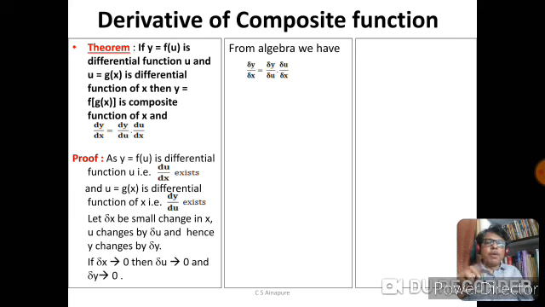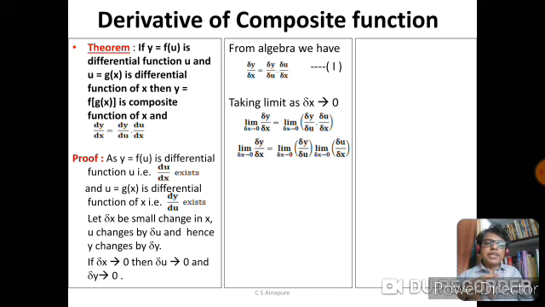So, from algebra we get delta y by delta x can be expressed as delta y by delta u into delta u by delta x, by multiplying and dividing by delta u there. We call it equation 1, and we take the limit as delta x tends to 0 on both sides. So, we get this limiting term.